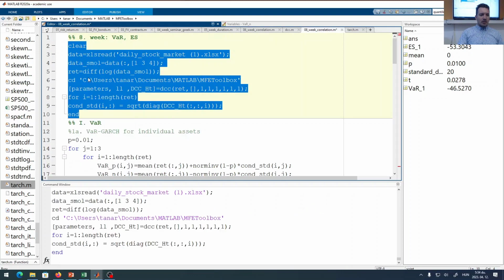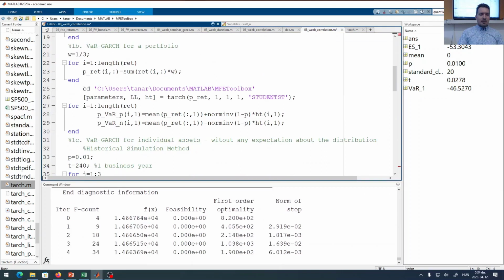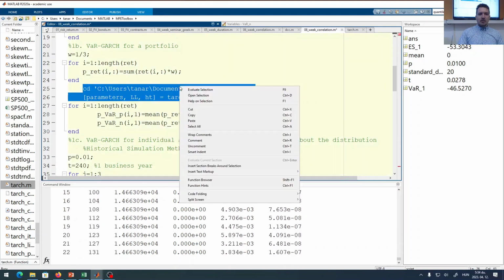So if we are reloading everything, okay, I'm running this one, but it's quite useless, so let's run also that one.